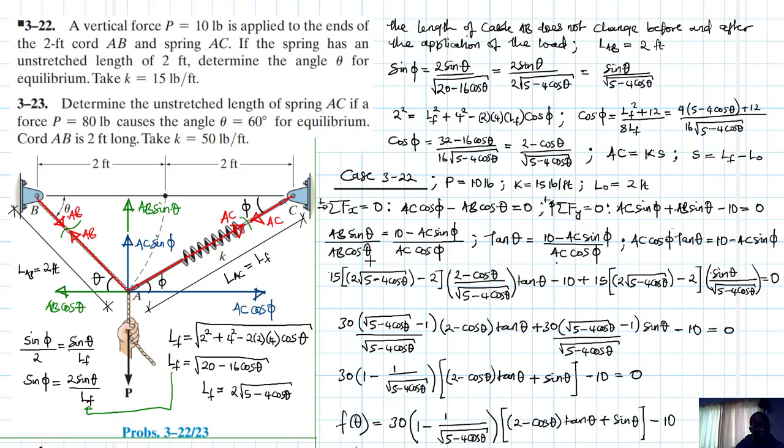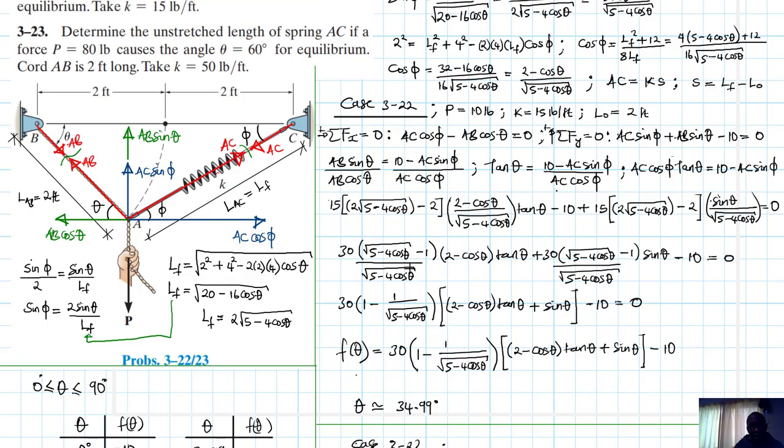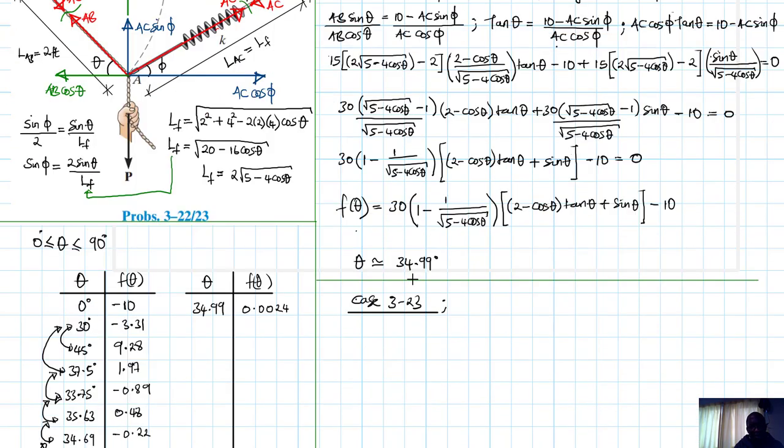Case 2-3, 3-23. Okay, and what are we being asked here? Here we've been told our value of P is equal to 80. So we have P equal to 80 pounds. What else?